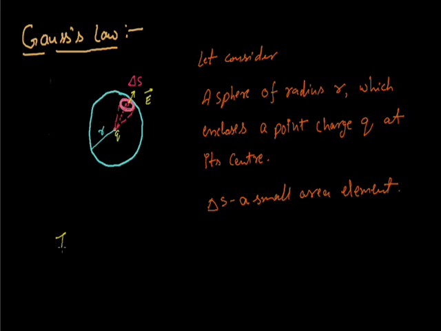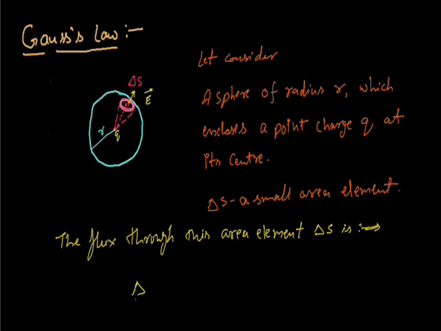The flux through this area element delta s is delta phi equal to E dot delta s.